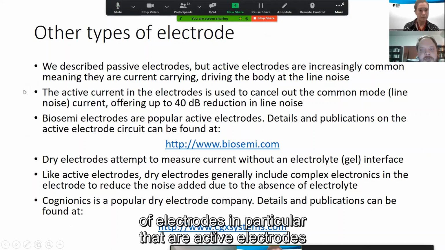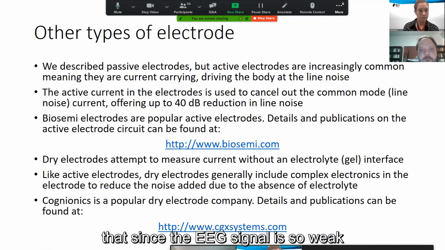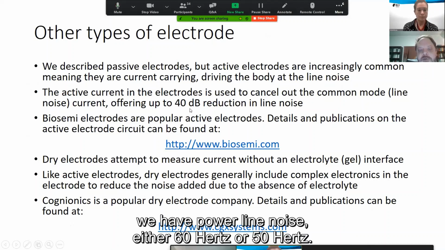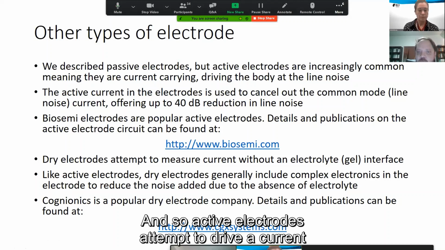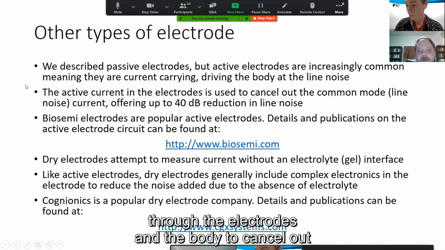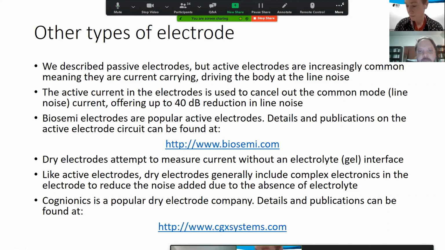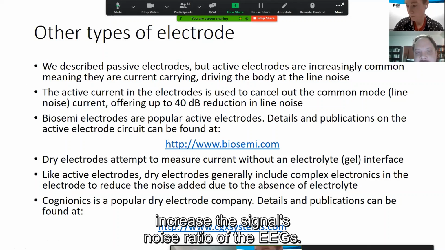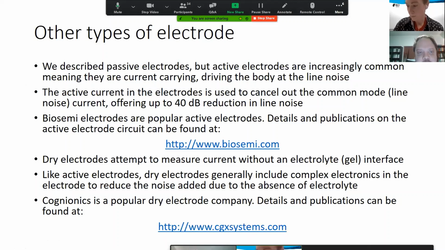In particular, there are active electrodes that, since the EEG signal is so weak, and in particular we have power line noise on the wires, either 60 hertz or 50 hertz, attempt to drive a current through the electrode and the body to cancel out this power line noise and greatly increase the signal to noise ratio of the EEG.